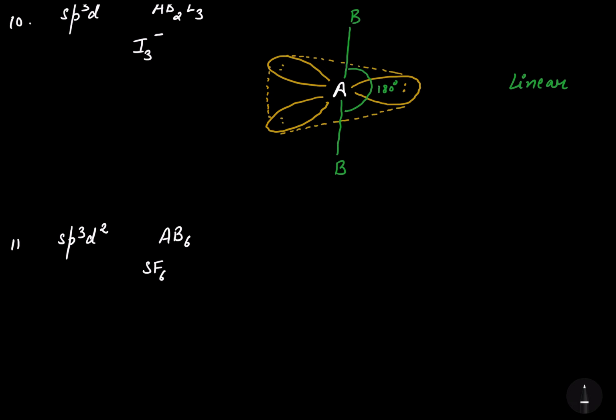Now let's draw the structure. The A is over here, B is here, here, here, and here. Now I'm just imaginarily linking the B's over here.